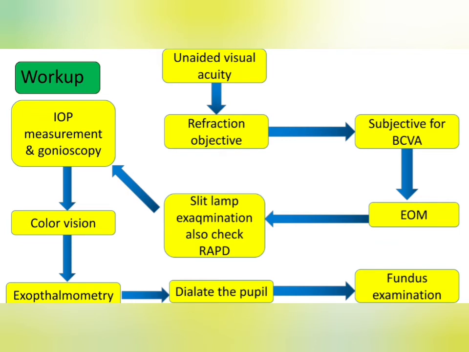Okay. Now, this is the flow chart of steps that you will follow, that is the workup of a proptosis patient. First of all, take unaided visual acuity, then objective refraction and find the best corrected visual acuity. But we will not prescribe any glasses, just measure the best corrected visual acuity.